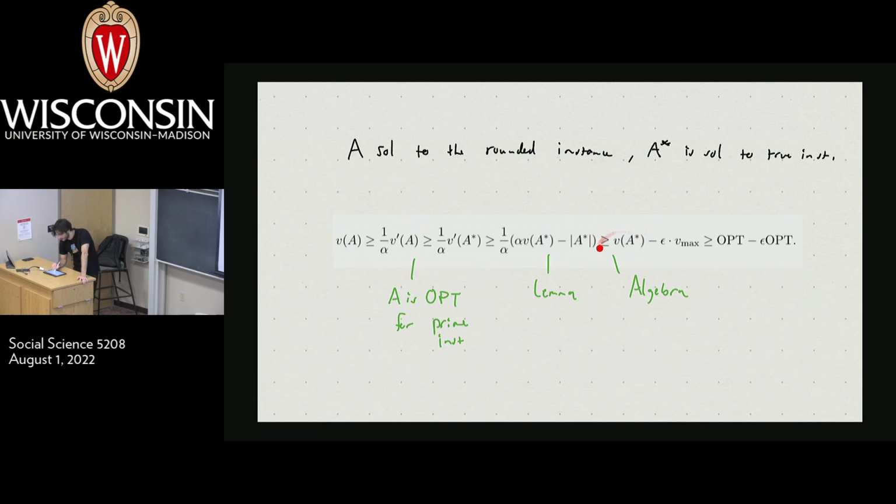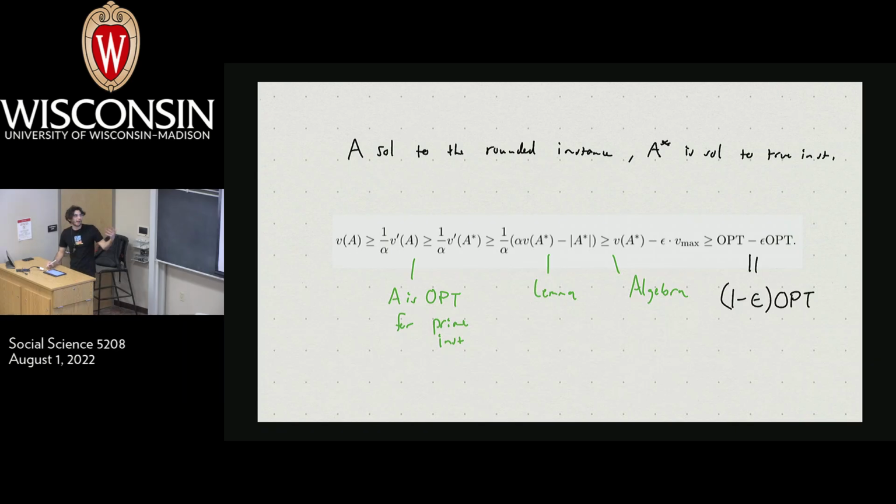So this is the optimal solution for the original instance, and so this thing is exactly OPT. And V max, this is a lower bound on OPT. And so we get OPT minus epsilon OPT, which is equal to 1 minus epsilon times OPT.